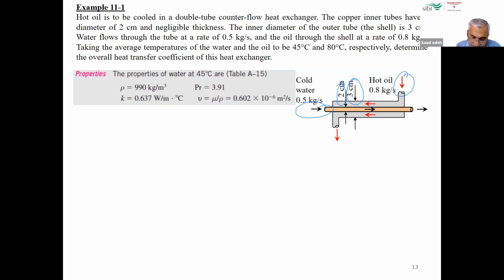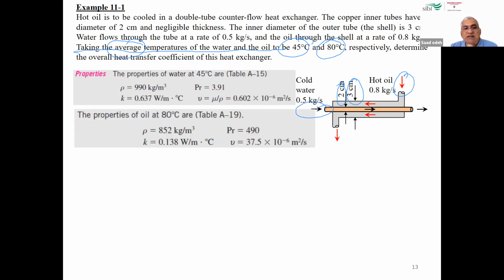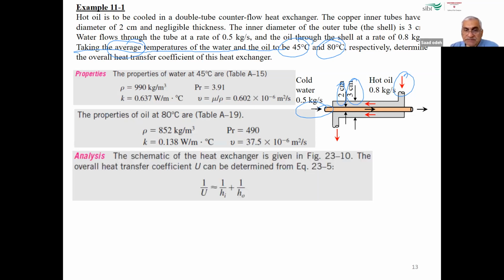As you can see here, we can take this value to the table. We don't have another value. So this is the average temperature of the water and the average temperature of the oil. With these two temperatures, we can enter tables A15 and A19 and find the properties of these two fluids.